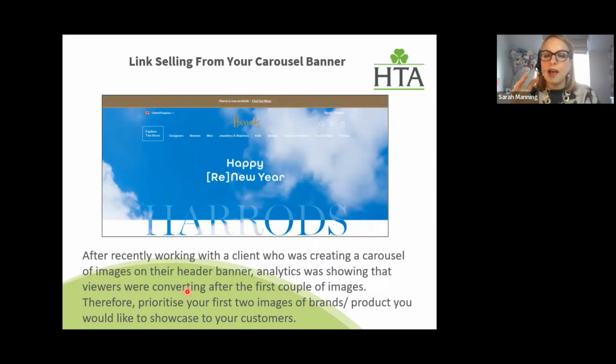So I would prioritize your first 2 images on that carousel, which are brands or promotions that you really want to promote to your customers as a priority, because images 3, 4 and 5 tend to be something that not everyone will hold on that page to view. So you might need to think about that and have a look at how it's working for you in your analytics.